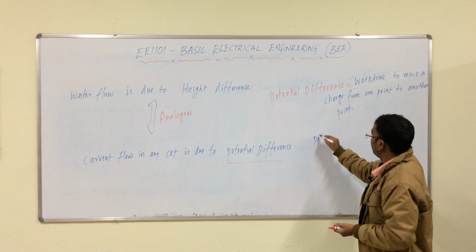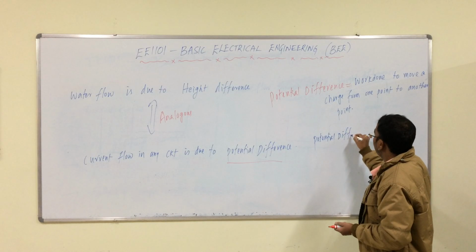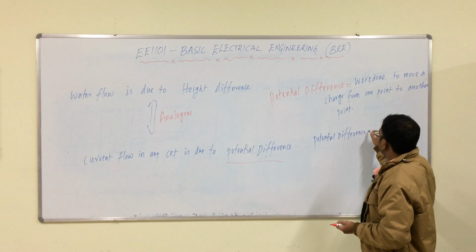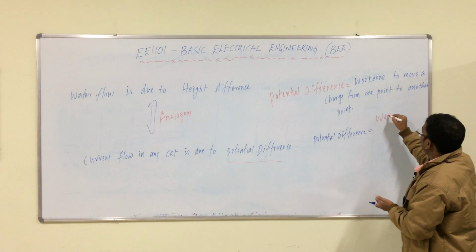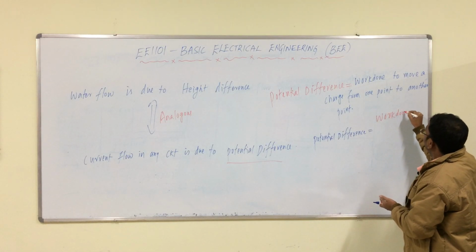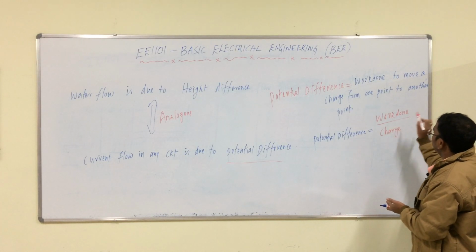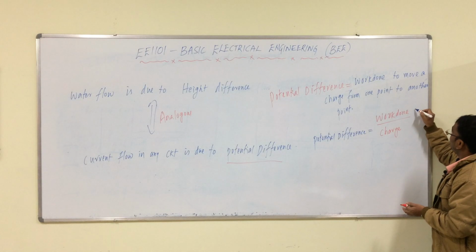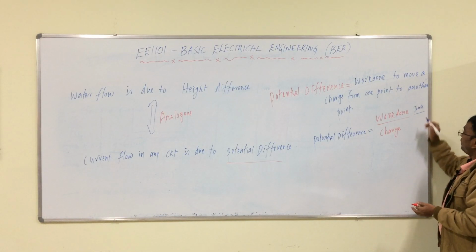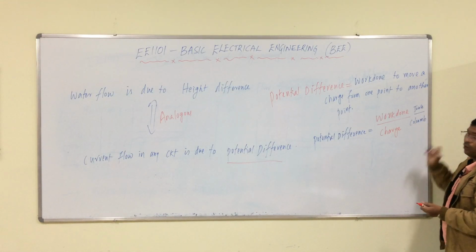That is, potential difference is equal to work done by charge. The unit is joule for work done, and for charge it is coulomb.